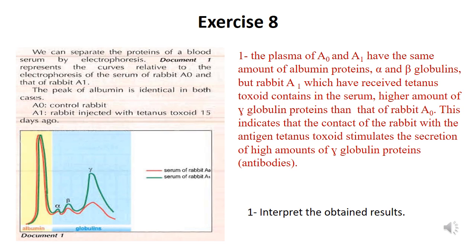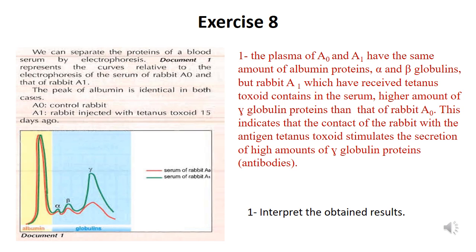If you look at document 1, you see we have curves in different colors. In red corresponds to the measurements of certain antibodies found in the serum of rabbit A0, that is the control rabbit.